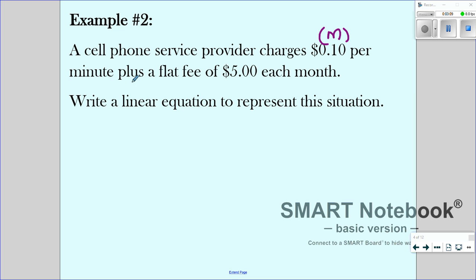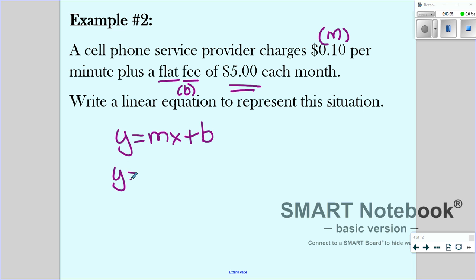And then plus a flat fee. You see that word flat fee? Remember in the beginning when I said that flat fee, starting points, initial cost represents our y-intercept. So y-intercept is represented by the letter b, so that will be 5. Alright, so now again we write our y equals mx plus b, and we plug in our information.